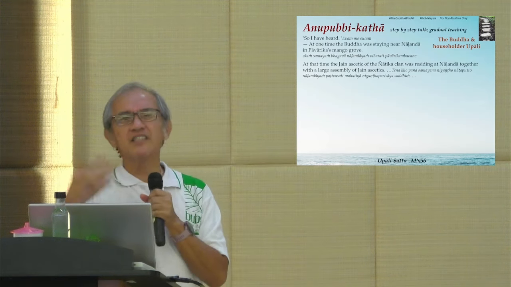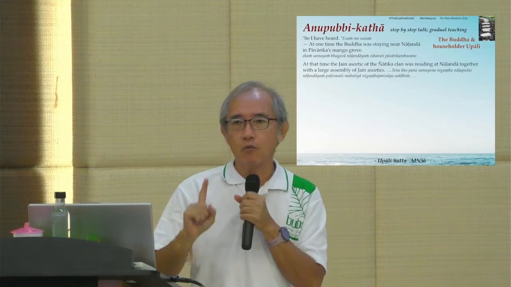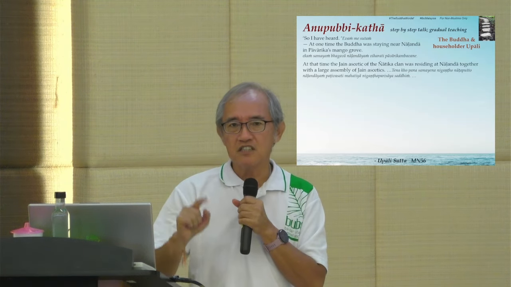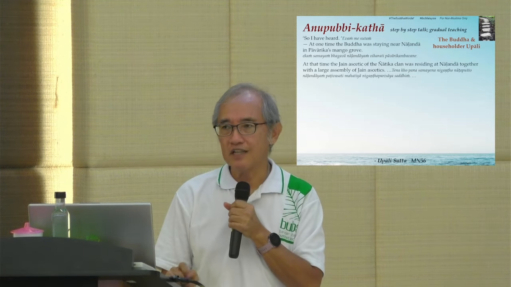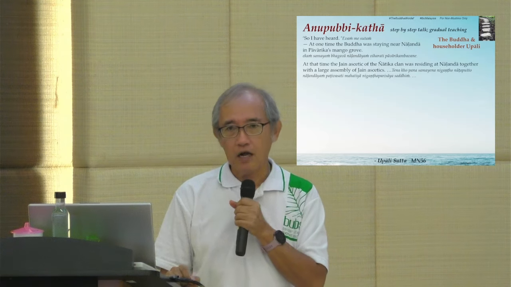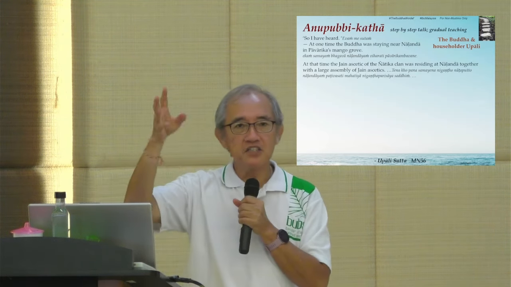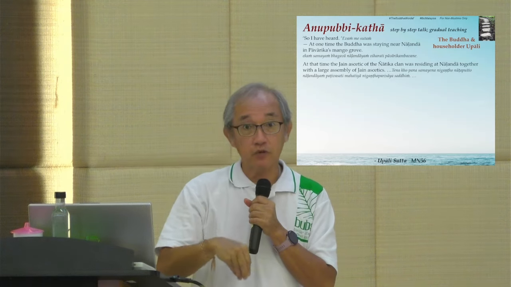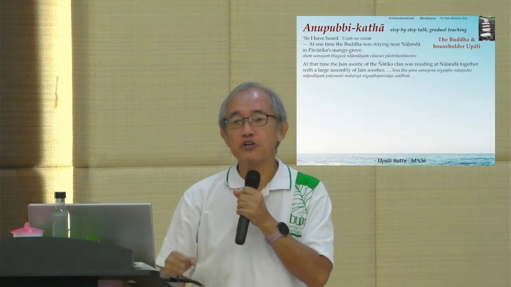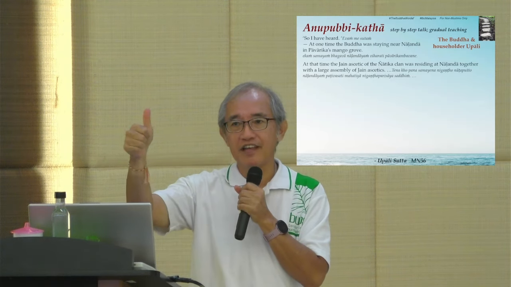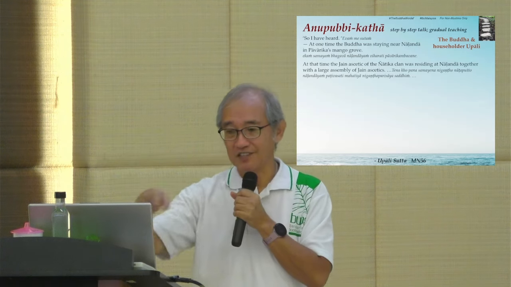Great hero, the title given to him. And what is he famous for? He's the founder of a religion called Jainism. There were six great teachers during the Buddha's time. Of all the religions that survive up to today, 21st century, only two religions survive: Buddhism and Jainism. So he is the founder.